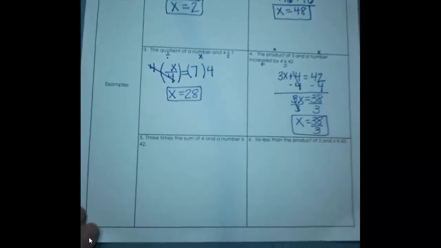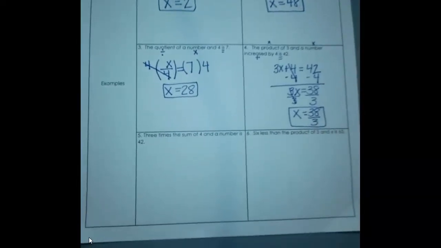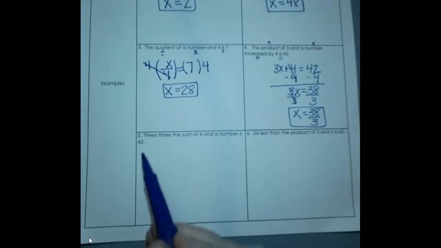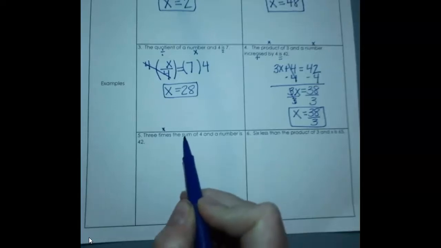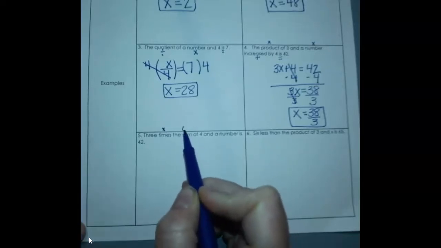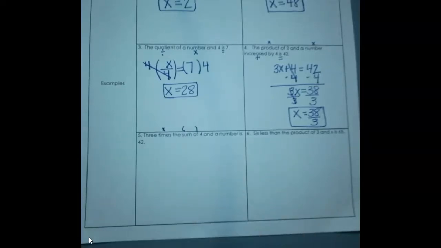Okay, let's try a couple more here. We have 3 times the sum of 4 and a number is 42. Okay, 3 times, so we know we've got some multiplication there. But the sum of, that is telling you that's a parenthesis phrase. Remember from our notes previously.